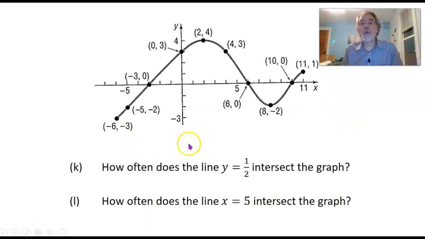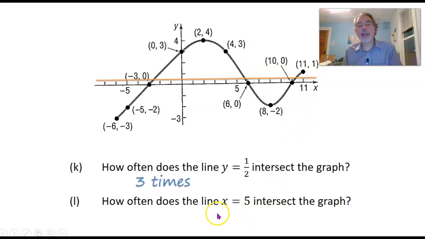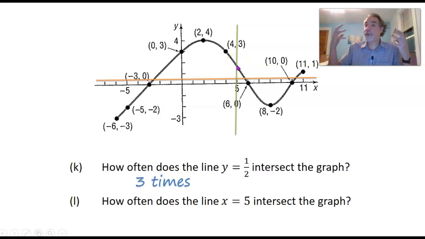So for y to equal 1/2, we just go right straight across where all the y coordinates are equal to 1/2. So how many times does that intersect the graph of the function? 1, 2, 3 times. Now, how often does the line x equals 5 intersect the graph? Imagine what that looks like. A line where x equals just some number would be a vertical line, straight up and down. So here's x equals 5, and it intersects the graph once.